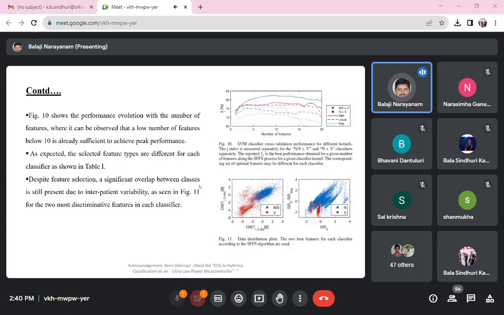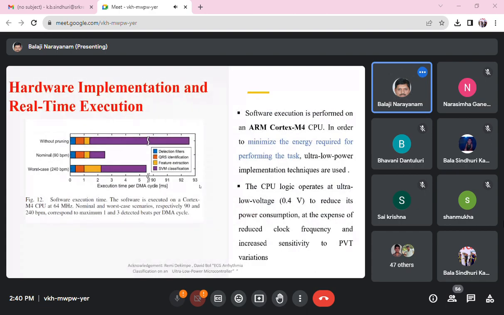Despite the feature selection, a significant overlap between classes is still present due to interpatient variability for the two most discriminative features in the classifiers. When you want to do the hardware implementation and real-time execution, the software implementation is compared with the hardware implementation, which is based on concurrent nature.